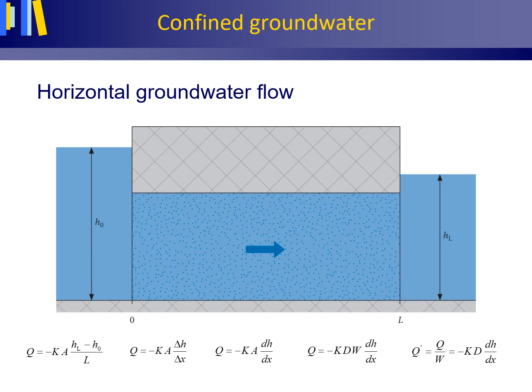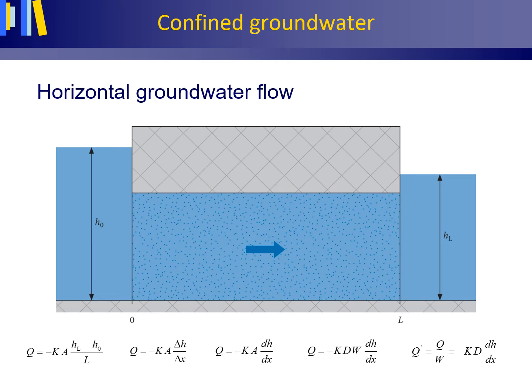The hydraulic gradient must be the same for every horizontal position X. Thus, the hydraulic head linearly decreases with horizontal direction X.